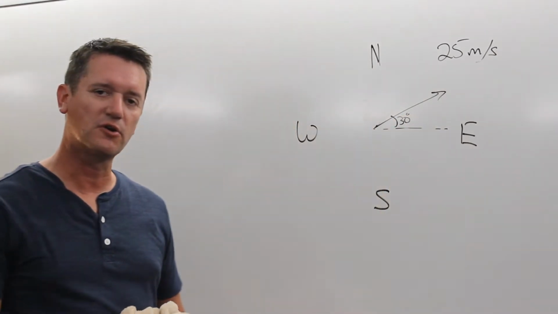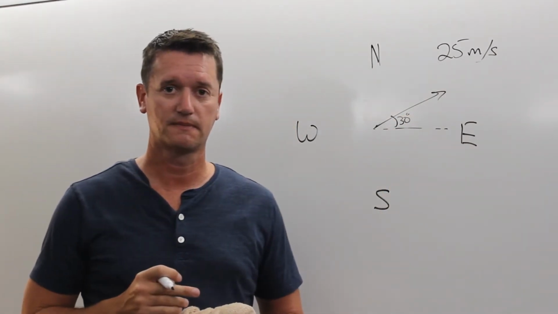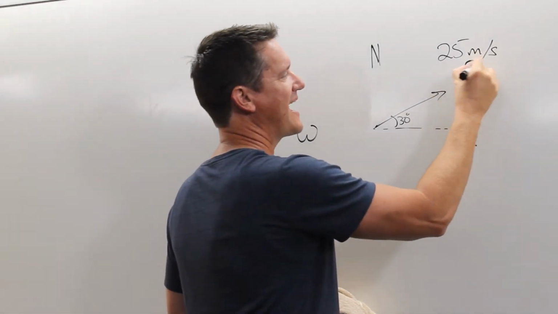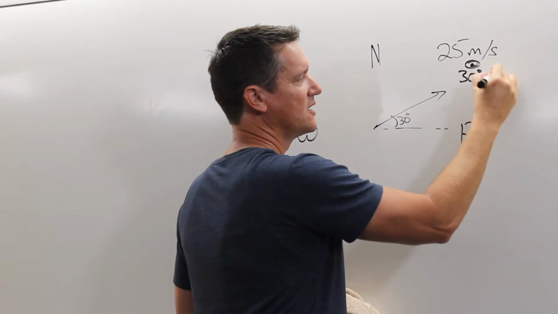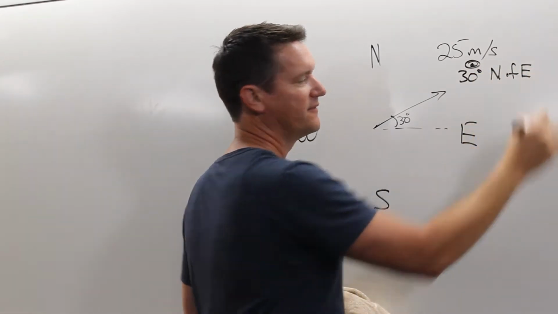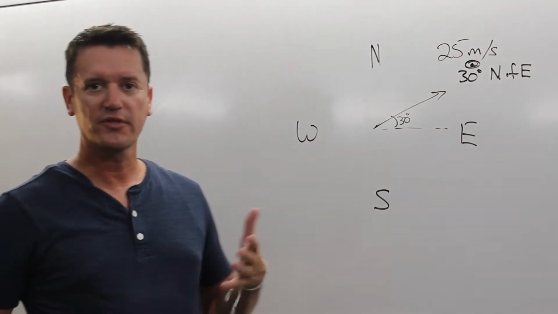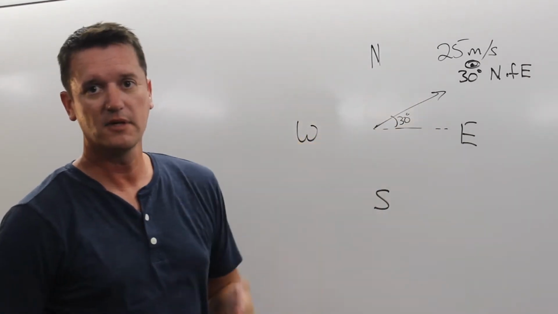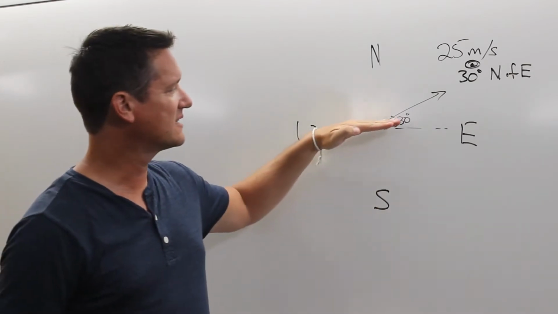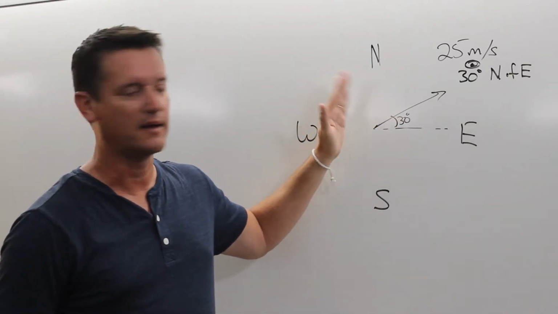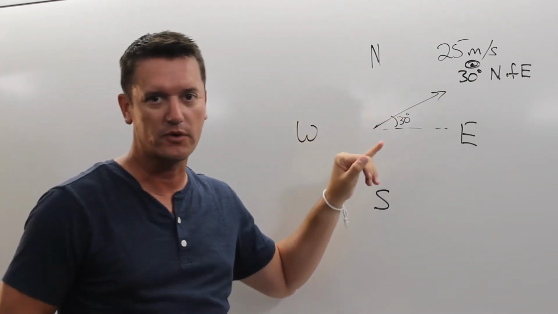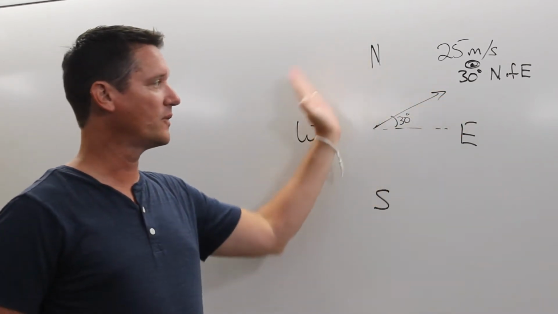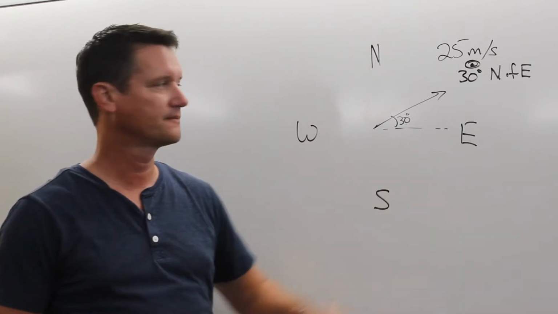What if it's 30 degrees up from east? How we would actually say that is 25 meters per second at 30 degrees north of east. North of east means you start at east and you go 30 degrees north of it. That will allow you to draw your vector. And we can make this angle any angle we want. We could say 30.274 degrees and be as precise as we want in terms of the direction, all the way around the circle.